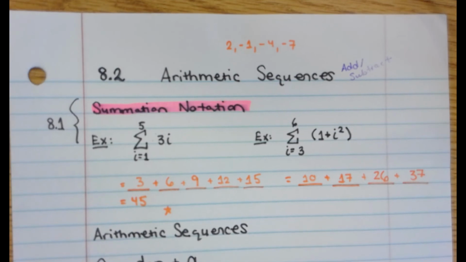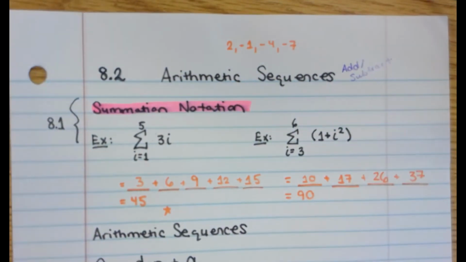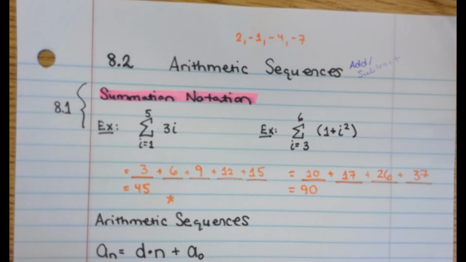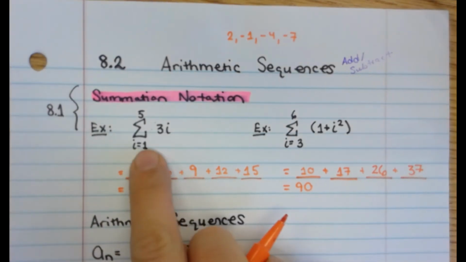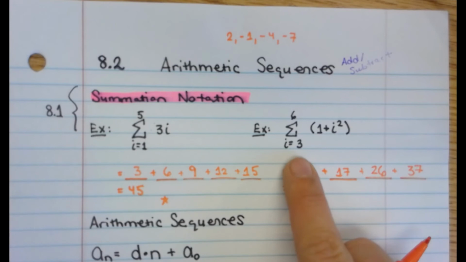If we add those all together, we get a total of 90. Again, this is just a nice shortened notation for us to say, find the sum of the first 5 terms, find the sum of the terms 3 through 6.